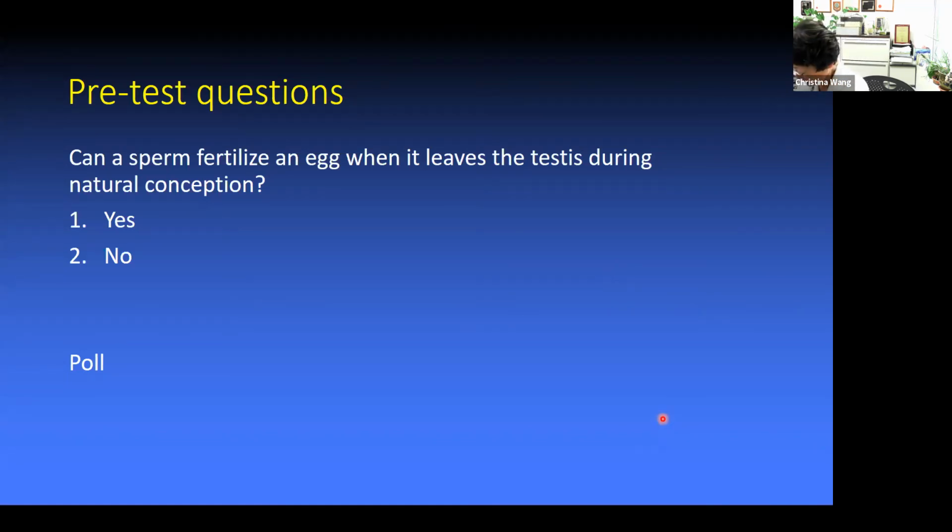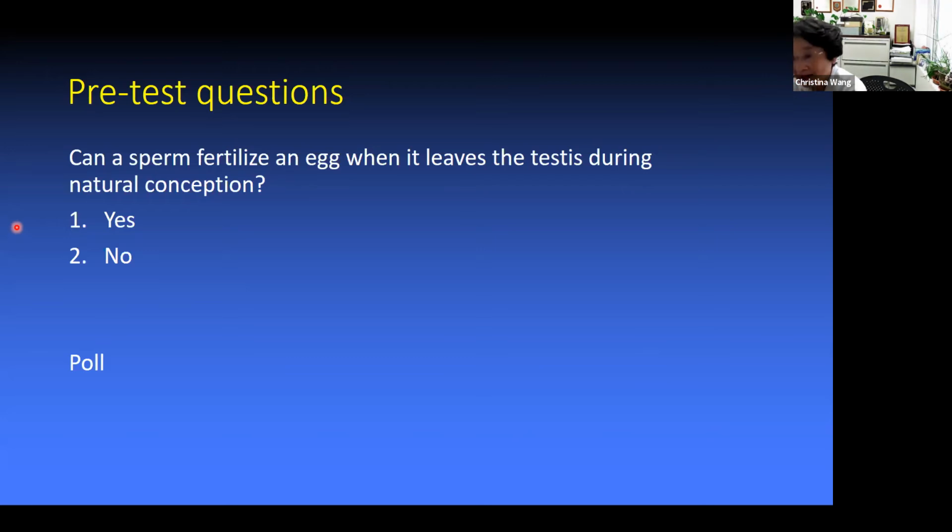Can a sperm fertilize an egg when it leaves the testis during natural conception? Your answers? Is it just like outside of the testes? Yes.